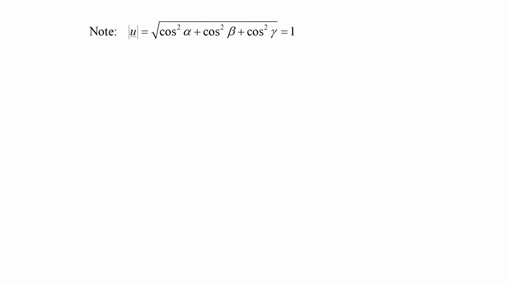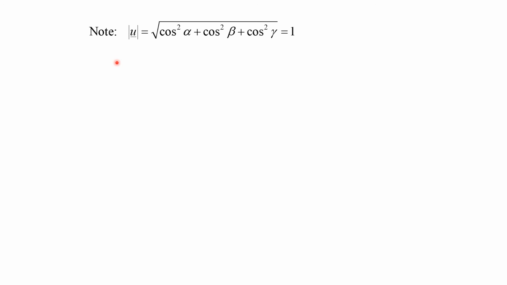You also have to take note that your vector U, the unit vector just now, obviously has a magnitude of 1. And how do you calculate the magnitude? Each component being squared, cos alpha, cos beta, cos gamma squared, that is U1, U2, U3 squared, and then added up.